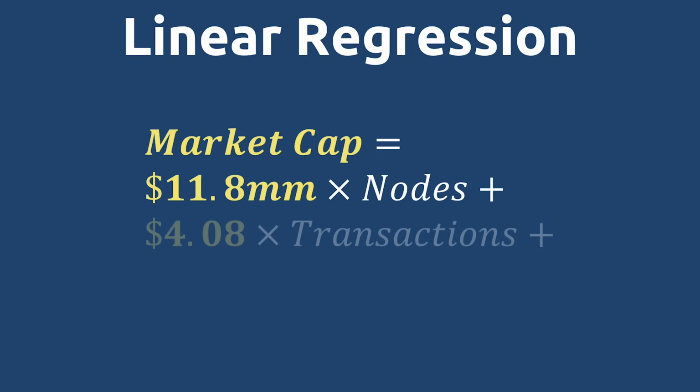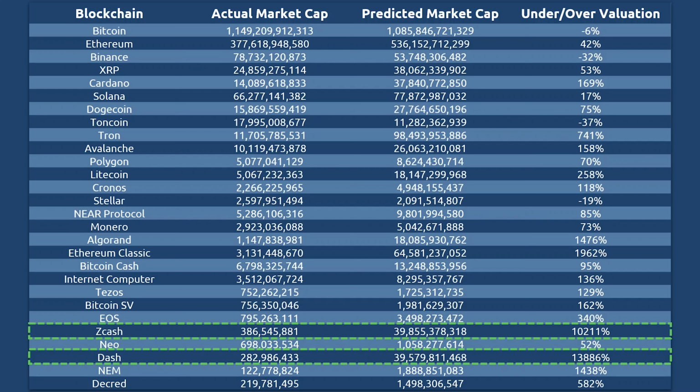If we dive deeper into the analysis, we see that chains such as Dash, Zcash, and Ethereum Classic are significantly undervalued. No wonder, as Zcash and Dash have been delisted from the major exchanges while maintaining a relative level of decentralization and activity.